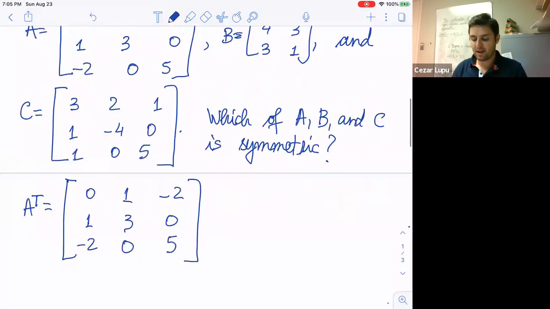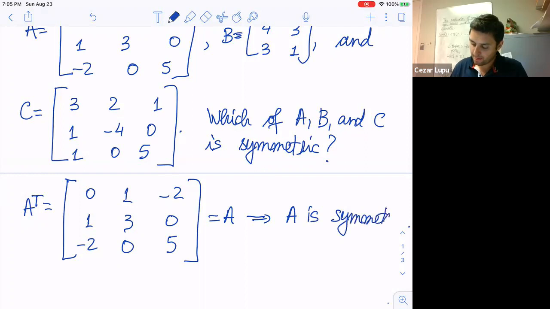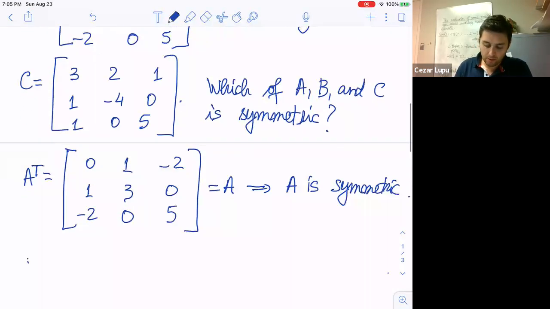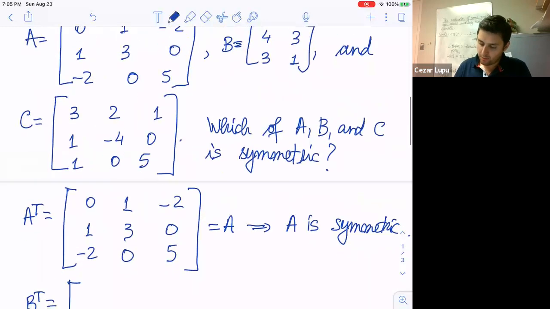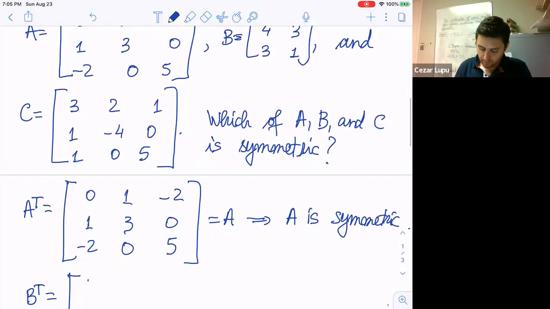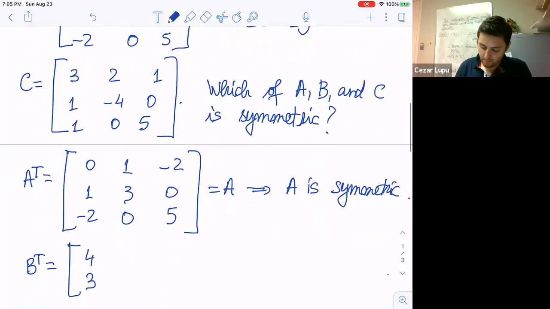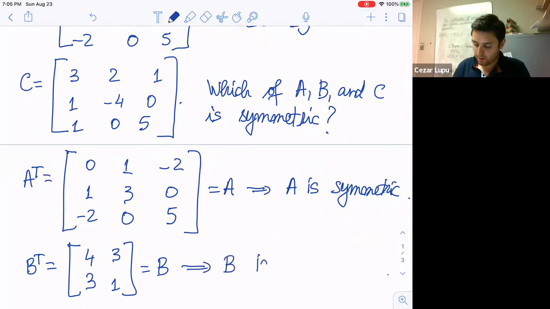It's the same thing as A. So it follows that A is symmetric. Now let's look at B. We compute B transpose. B was 4, 3, and the second row was 3, 1. As you can see, it's the same as B. Again, it follows that B is symmetric.